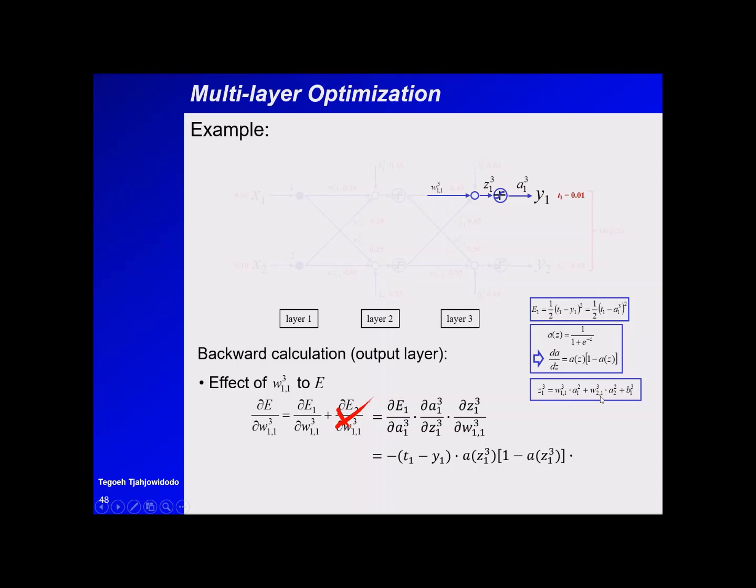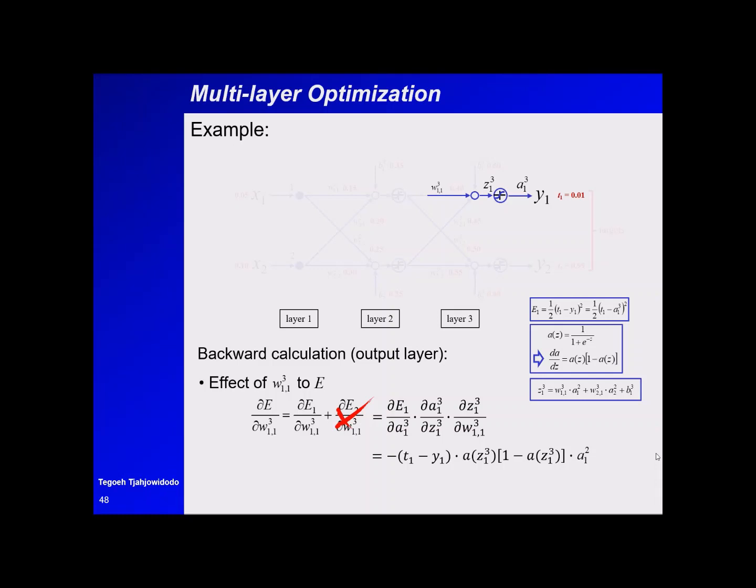What are these last two terms? The last two terms are coming from the previous layer and the second neuron, and the last term here is coming from the bias. But these two terms are independent of W113. That's why the first derivative of Z13 with respect to W113 will be simply equal to A12.